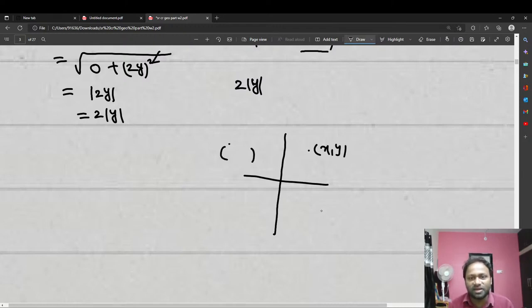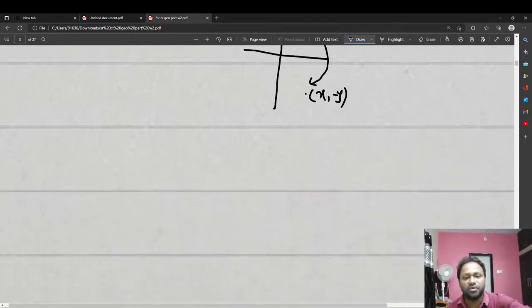What will the point be? Minus x comma y. Okay. Image of the point in y-axis means this one. Image of the point in x-axis means here. What is that? X comma minus y. Okay. So remember these conditions. It is very, very important, and some questions will come based on these types of problems.